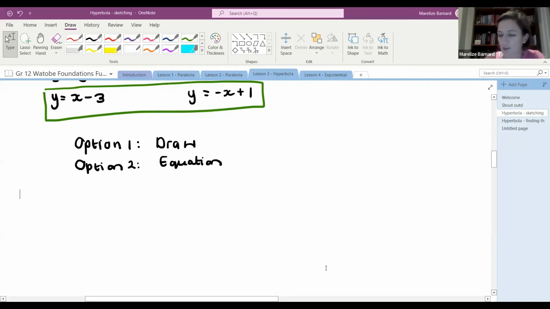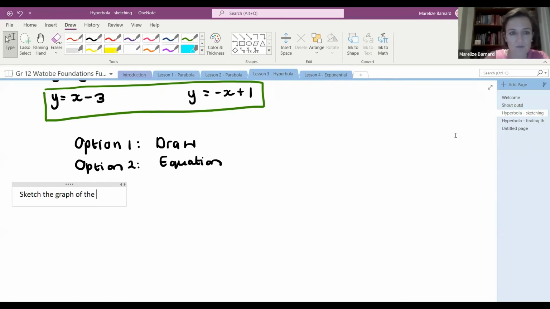Okay, so let's do sketch the graph of the. I hadn't planned on doing another one, but that's okay. We can do another one. Graph of.